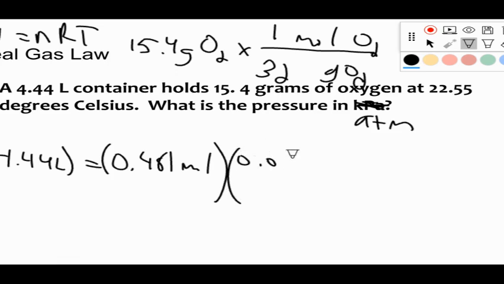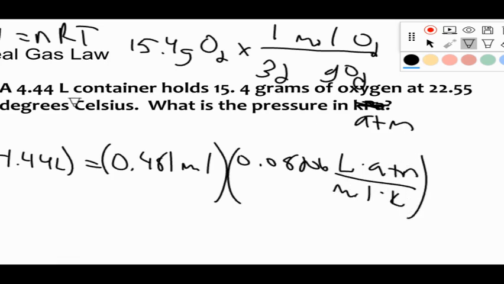My R is the same R I used on the last one. And my temperature is given to me as 22.55. So again, I'm going to do 22.55 plus 273. I'm going to just round to a whole number to my ones place. So I'm going to get 296 Kelvin.